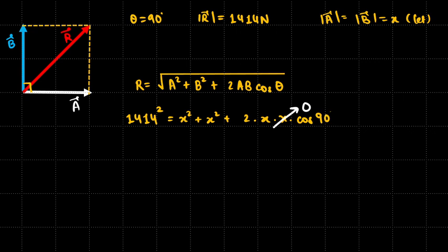Now let's do some math. So 141.414 squared will be 2x squared, which means x is the square root of 141.414 squared divided by 2.